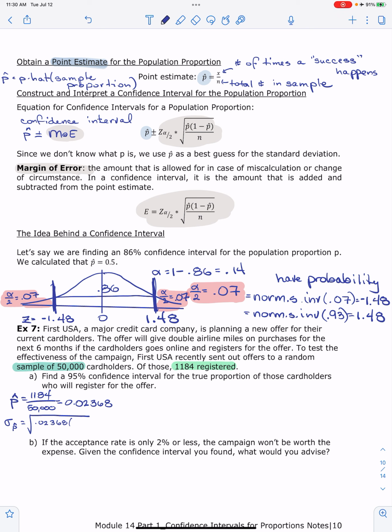And I will always calculate this separately and not within the formula. 1 minus that probability, the 1 minus p hat part, 0.97632. Divided by my sample size of 50,000. That gives 0.00068.